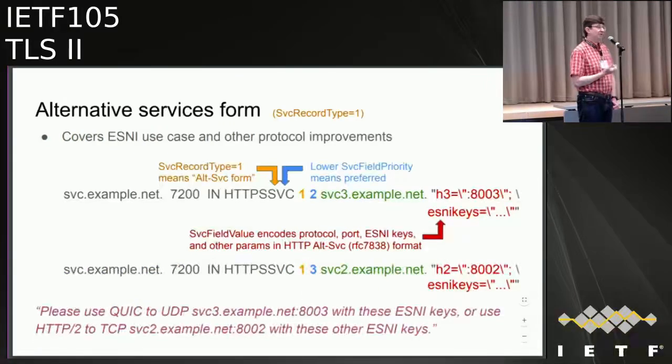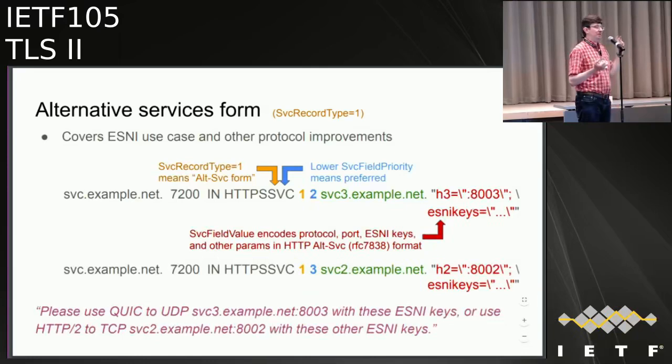The alternative services form is the one that the ESNI keys would come into play for the HTTPS use case. Within it, you have a service domain, a service name that indicates what the name is. So, for example, svc3.example.net.